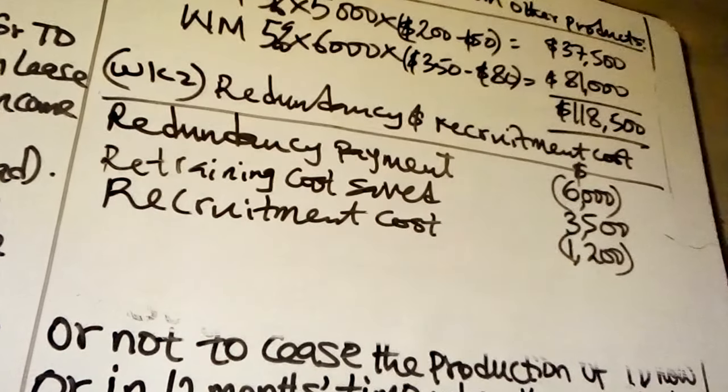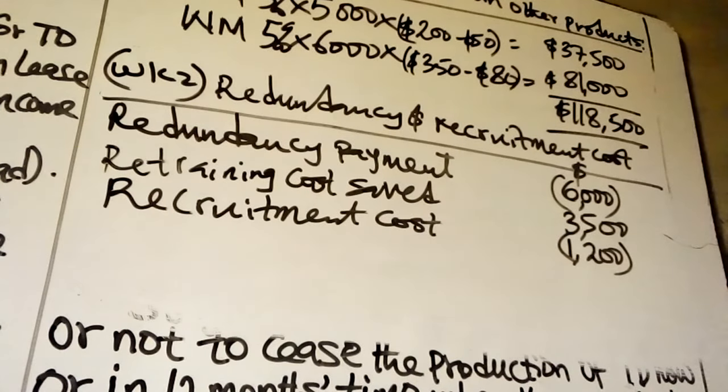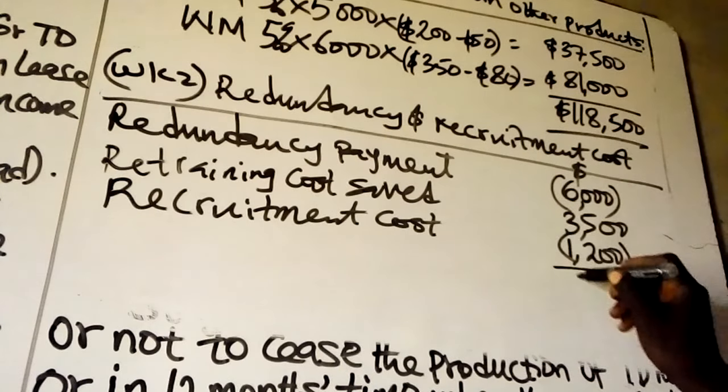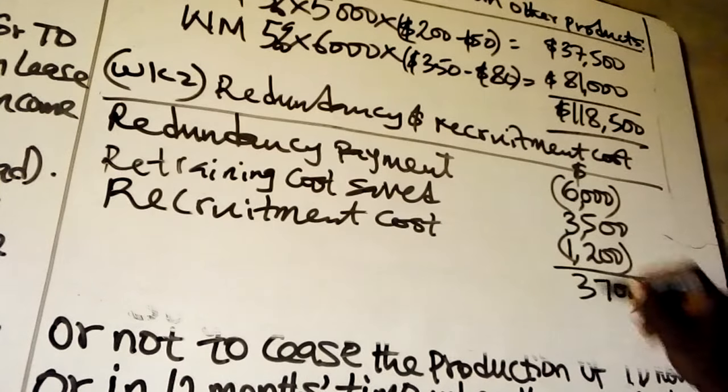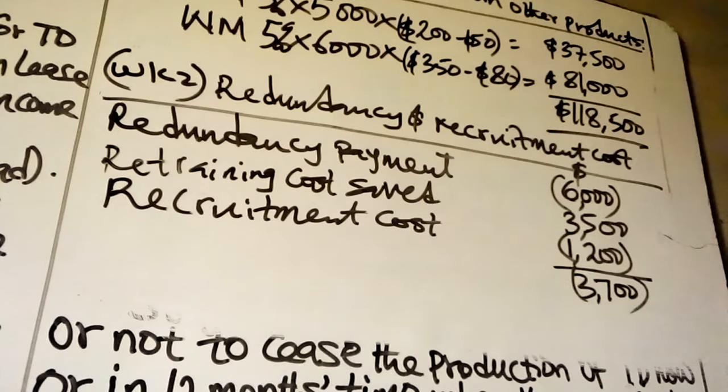Now we have minus 6,000 plus 3,500 minus 1,200. Then we have minus 3,700. That is redundancy and recruitment cost of 3,700. So that is a relevant cost of that decision.